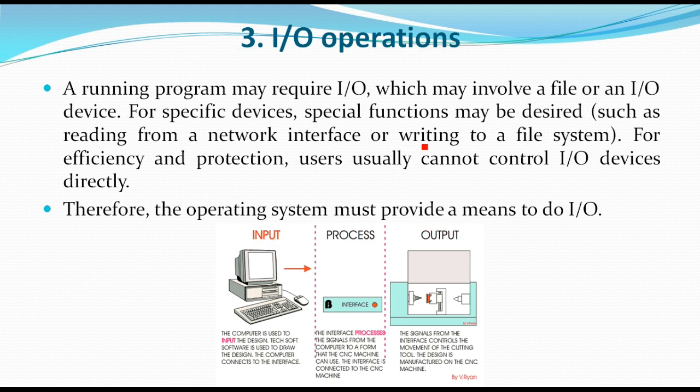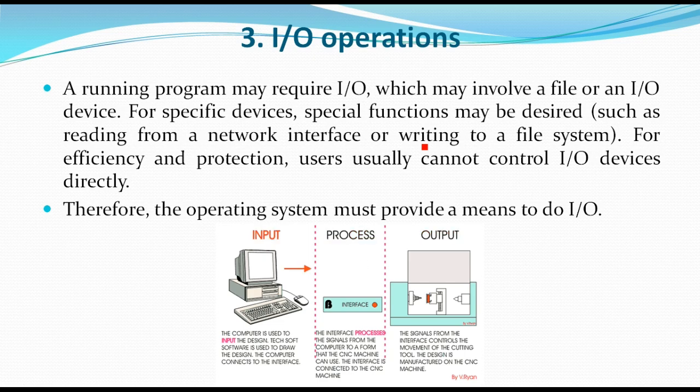Therefore the operating system must provide a means to do IO operation. Without IO operation, in the majority of cases the process will not conclude its execution, so normally it will not be terminated until you perform the IO operation.